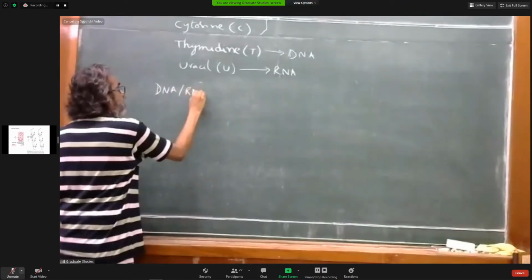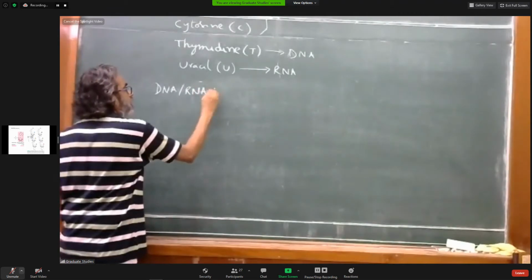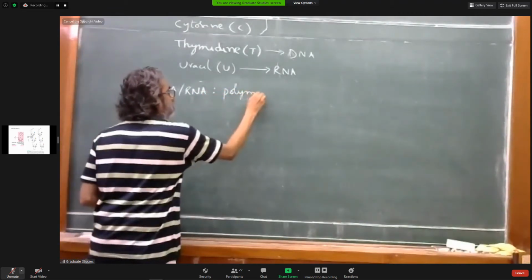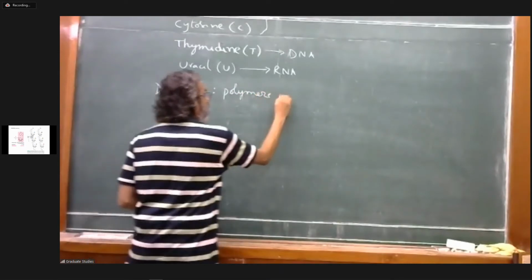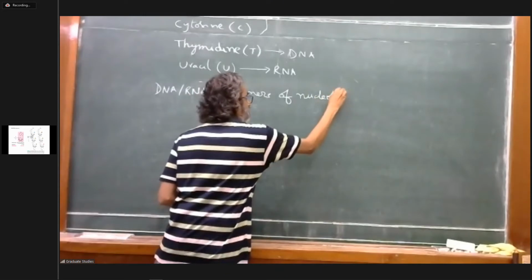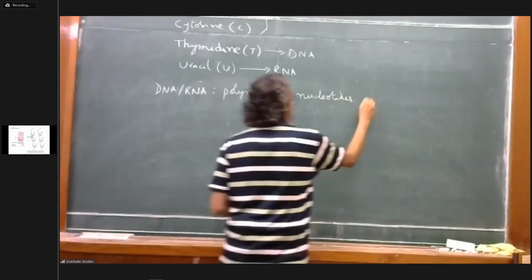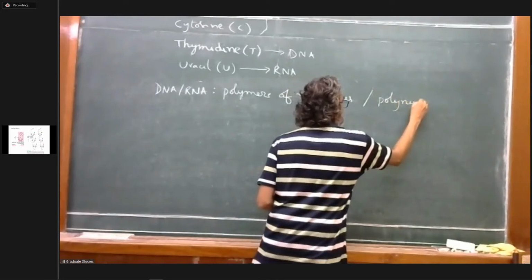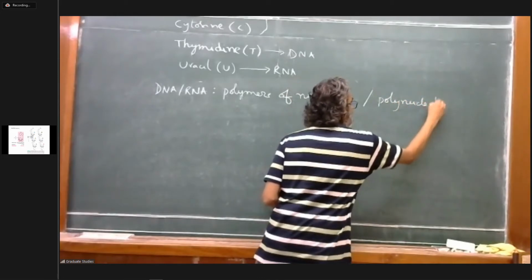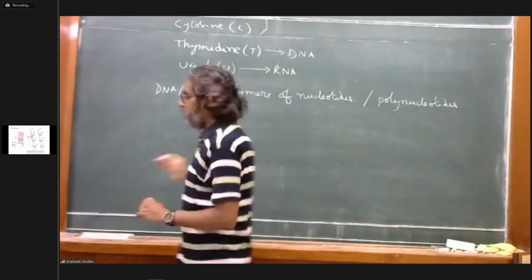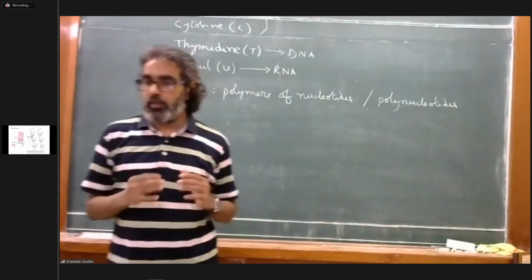So DNA and RNA are okay polymers of nucleotides, are polynucleotides. Okay, so we'll see how exactly the connection is between the nucleotides to make a polynucleotide.